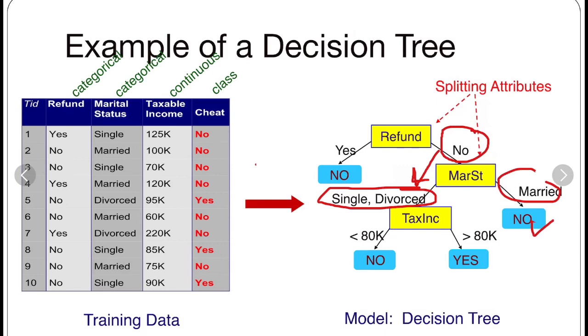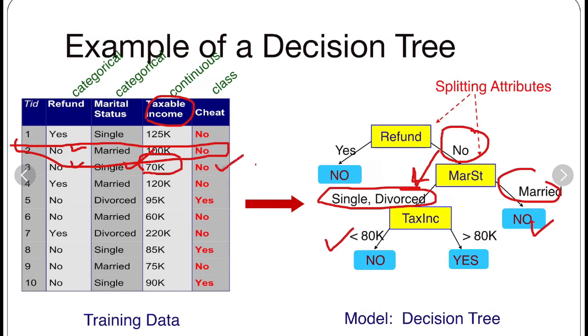We need to see the taxable income. Split the continuous value of taxable income as 2. Why? Because we can see the trend here. If refund is no, but with married, we don't have to see here anymore. Marital status is single, and if taxable income is less than 80k, then cheat class will always be no.